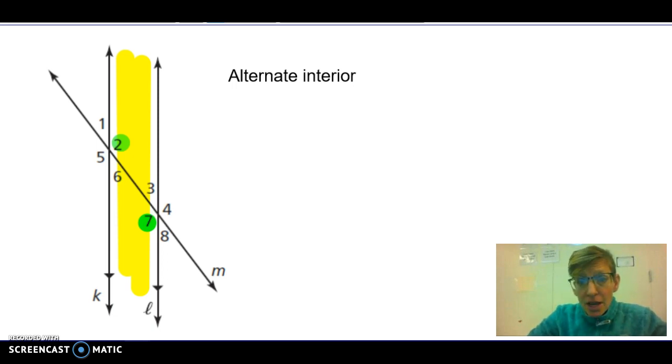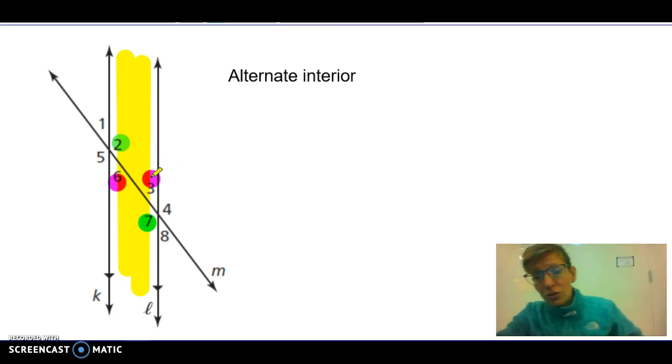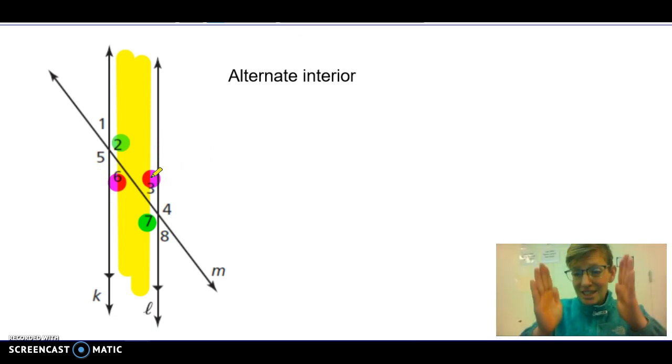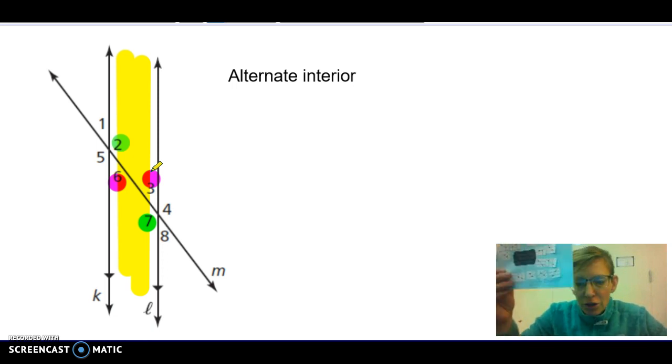Your other option for alternate interior angles would be 6 and 3. They're on different sides of the transversal, but both still inside the parallel lines. Again, pause the video and fill in those matching cards on your blue piece of paper.